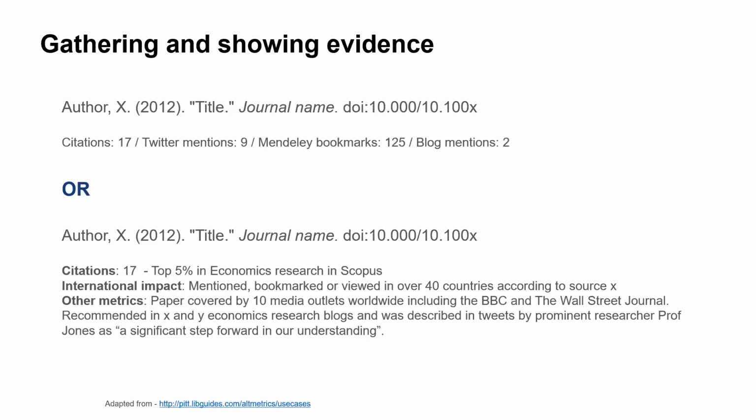On international impact, you can be mentioned, bookmarked, or viewed in over 40 countries according to a particular source. But other metrics will also showcase that you have been covered by over 10 media outlets worldwide, including the BBC and the Wall Street Journal. And it's also recommended in X and Y economics research blogs and has been described in tweets by prominent researchers as a significant step forward in our understanding.